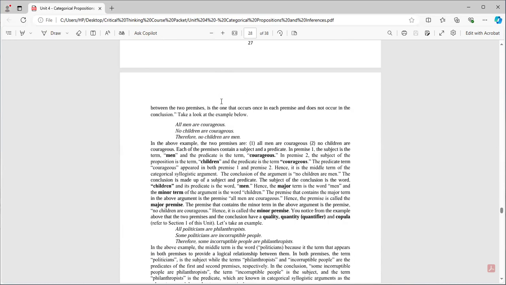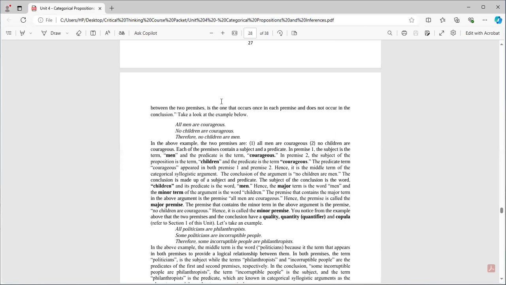So when you have all men are courageous, no children are courageous. So you see that courageous is found in the first premise and it is found in the second premise. But it is not found in your conclusion. So courageous here is our middle term.